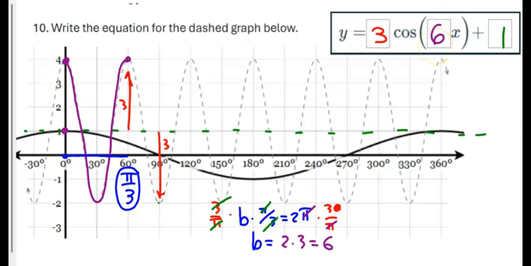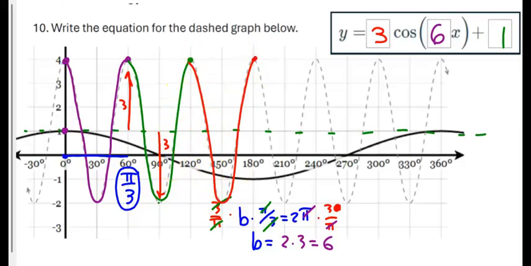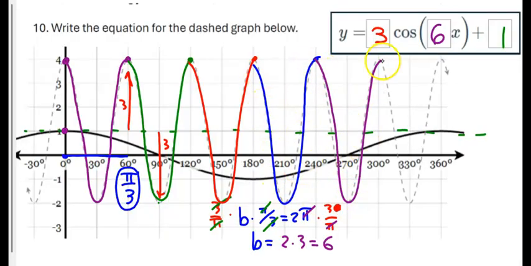The b value is 6. So if I start here and go to the second period, it's 2, 3, 4, 5, and 6. I'll stop the video here because we're running out of time on the first video, so we will continue with problem 11 in the next video.